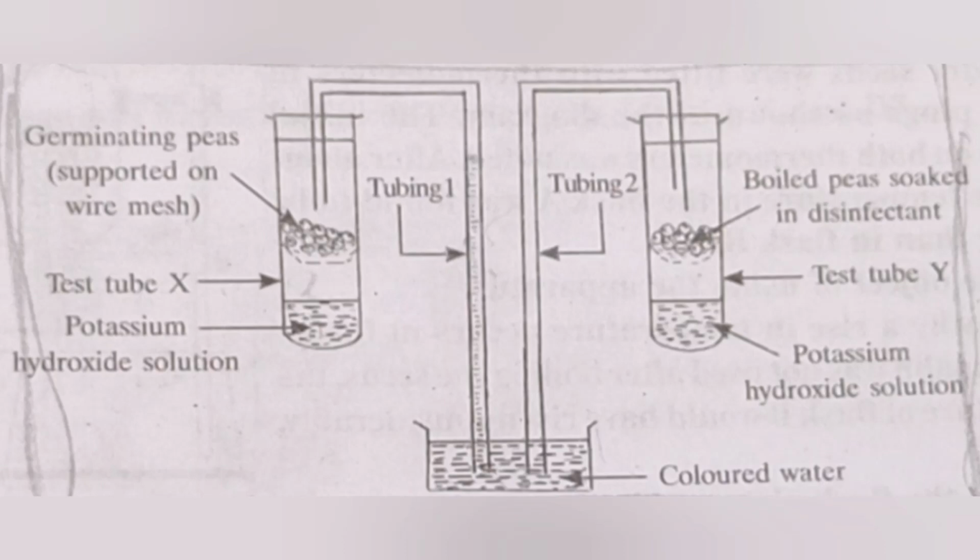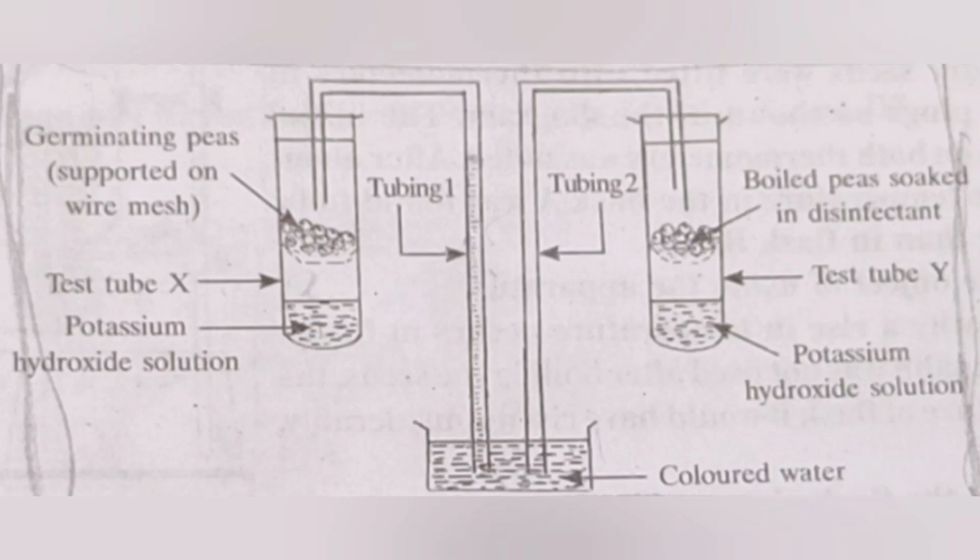After a few hours it is observed that the level of colored water rises in tubing 1. This happens because aerobic respiration requires oxygen. To get the oxygen, a vacuum is created in tubing 1. And for getting the oxygen, the peas will pull the water.